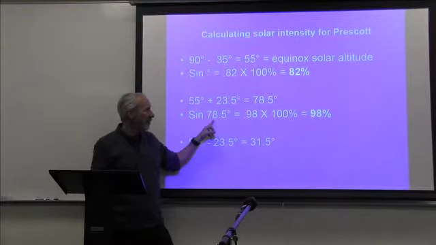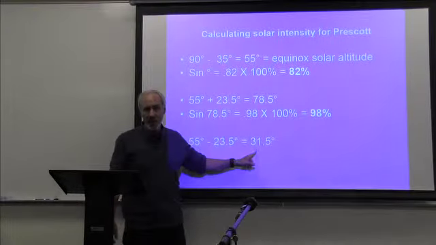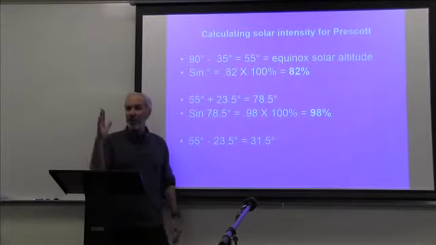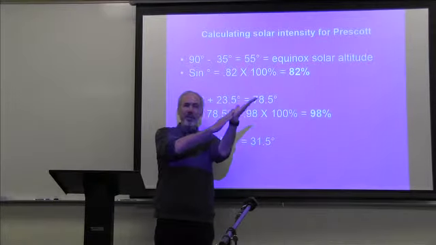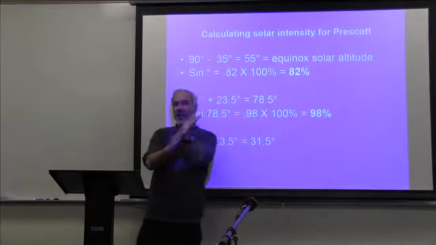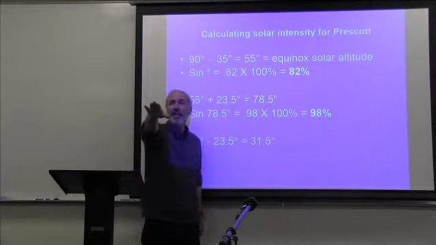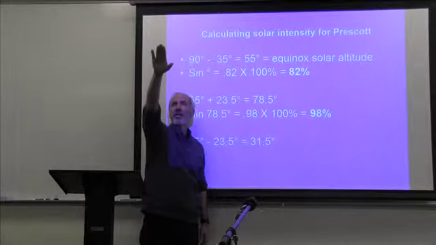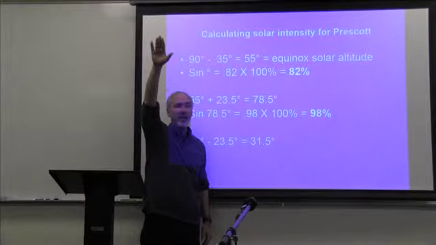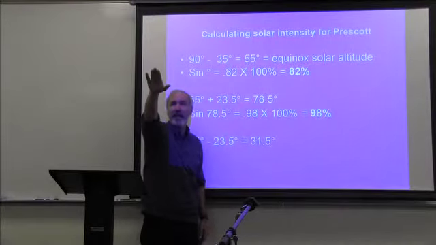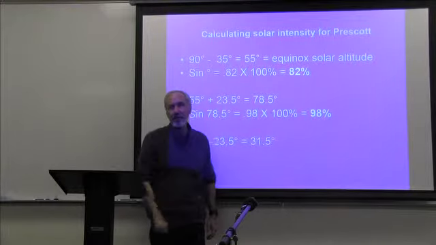If you subtract 47 from that, you get 31.5. That's because over the course of 6 months, when we go from being tilted 23.5 degrees away to 23.5 degrees toward, what you're going to see in the sky is the sun move a full 47 degrees higher, and then after June 21st, it's going to move back down 47 degrees over the next 6 months.